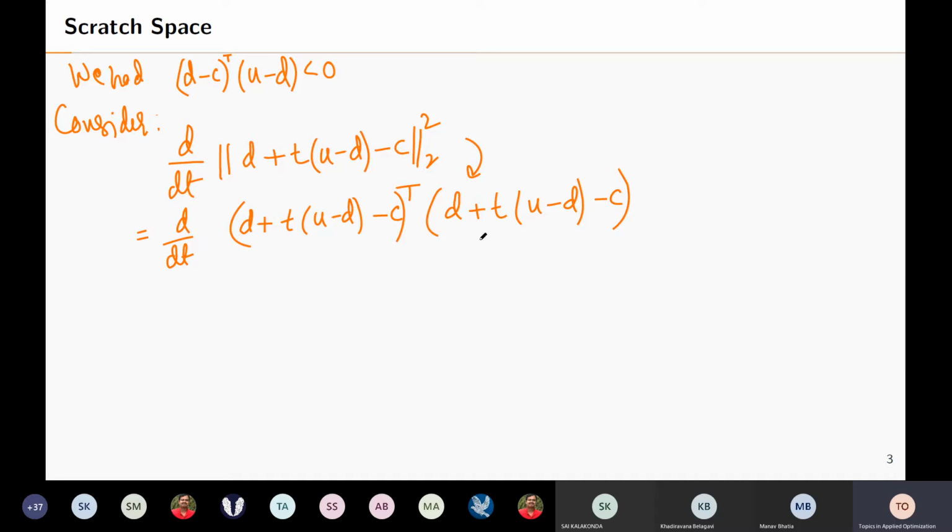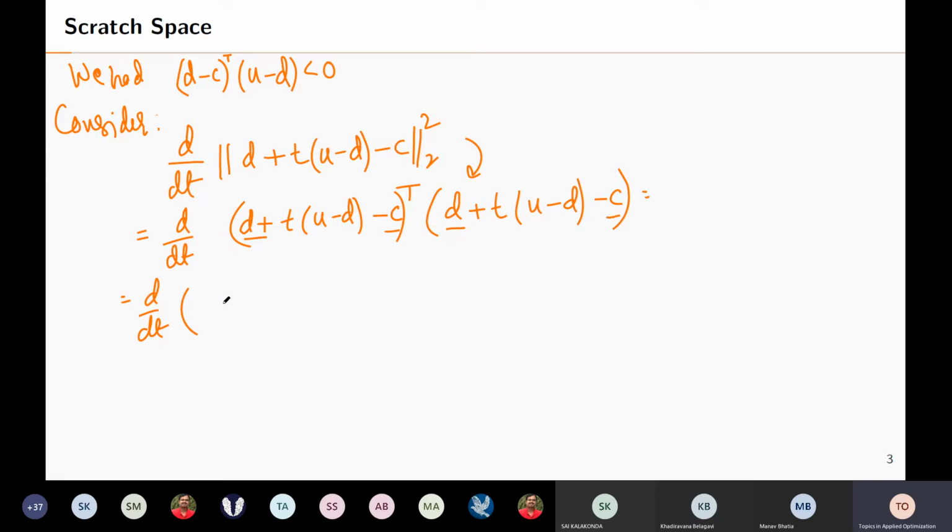And then if I multiply it out, what do I get? This is d by dt. Remember that all those terms that don't involve t are supposed to vanish, so I should not do anything with them. So I will pair this D minus C together because they will vanish anyway.